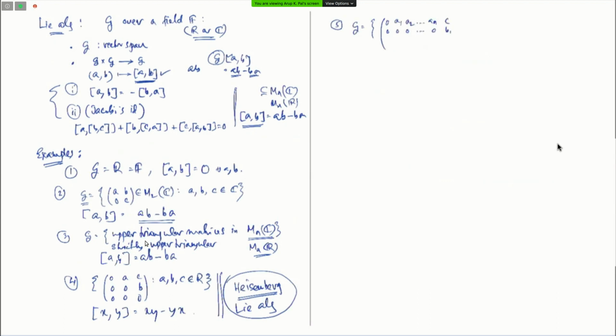So now you go B1, B2, etc. So the A_i, B_j, C are all in R. The operation remains the same, the commutator. So this is the same name, it's just in a different dimension, that's all.